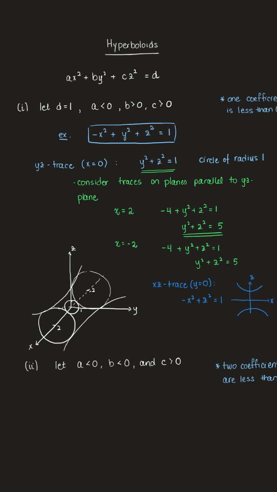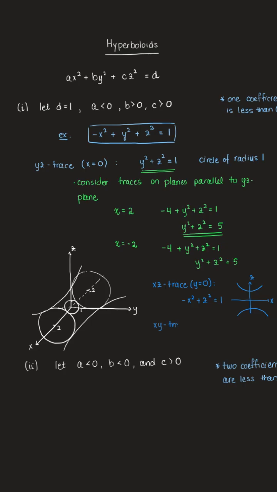So it looks something like this. On the xz plane, you might see a hyperbola here and here. So one of our traces is a hyperbola. Let's consider the trace on the xy plane.